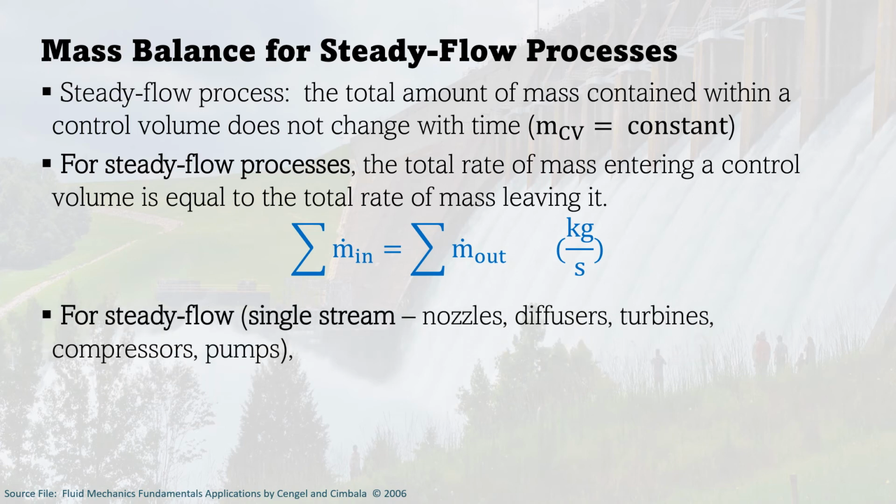For steady flow with a single stream, examples of devices are nozzles, diffusers, turbines, compressors, and pumps. They have single streams, meaning there is only one input and only one exit point. So the steady flow equation for conservation of mass can be written as mass entering is equal to mass exiting.